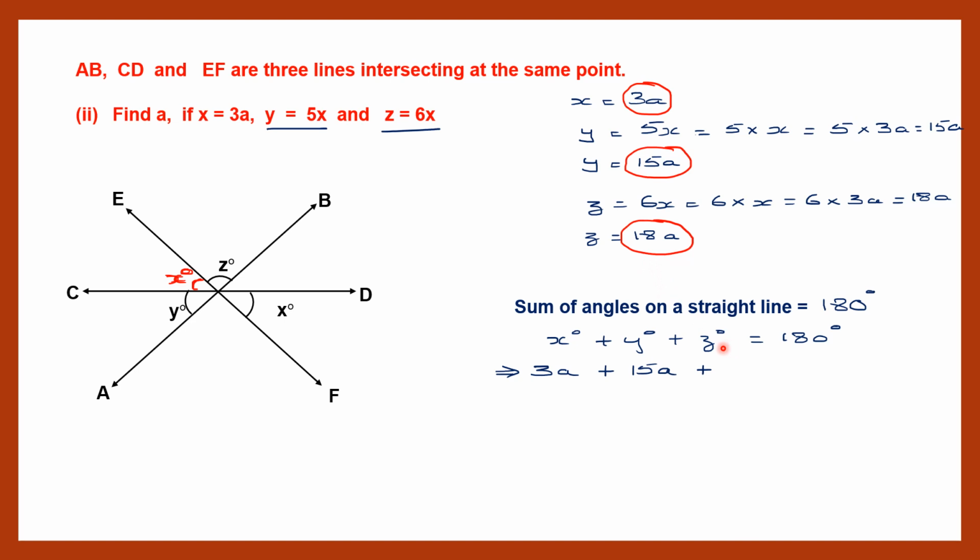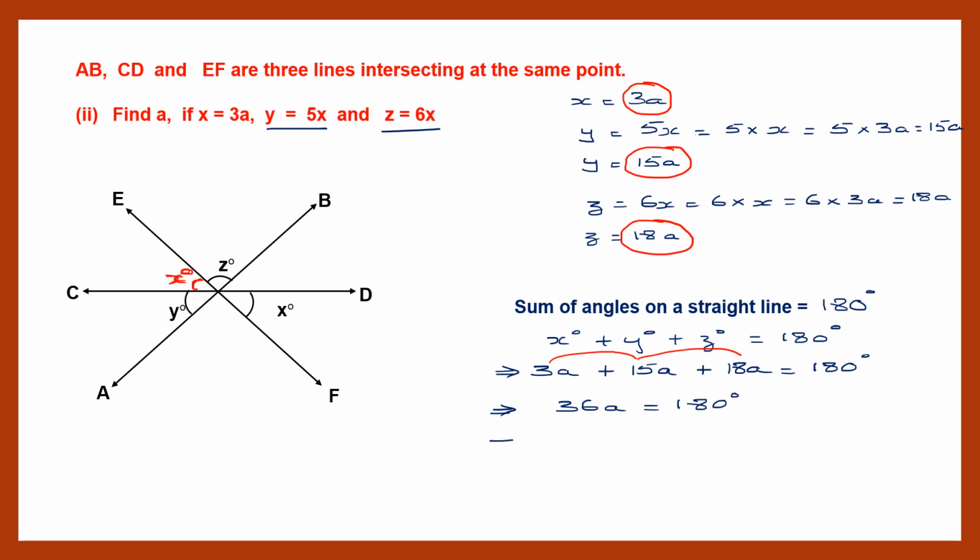So in place of z, we're going to write 18a, is equal to 180 degrees. Now let's add up all these numbers. So 3 plus 15 is 18. 18 plus 18 is 36. That means 36a is equal to 180 degrees.